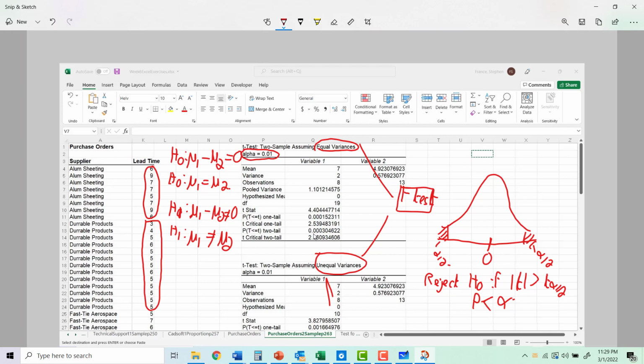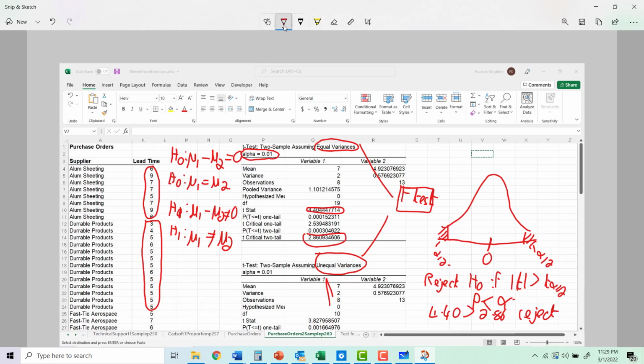So my critical two-tail, which is the important thing because we're focusing on the two-tail, is 2.86, and my actual t statistic is 4.4. So we'd say that 4.4 is greater than 2.86, so we reject.